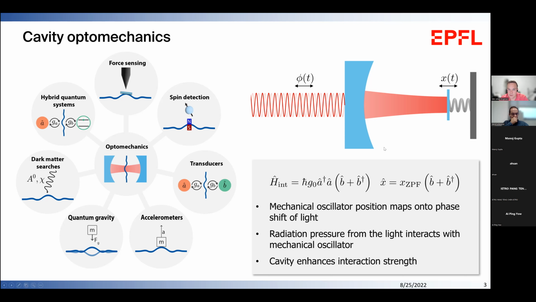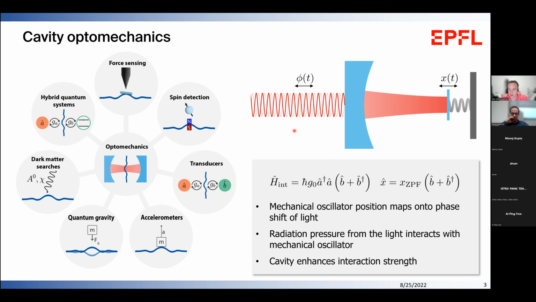So how do these systems work? Just a brief introduction. Basically, a cavity optomechanical system consists of a cavity with a movable mirror. This is the canonical picture of such systems. When the movable mirror moves, it leads to a phase shift in the output field that we can detect with interferometry.